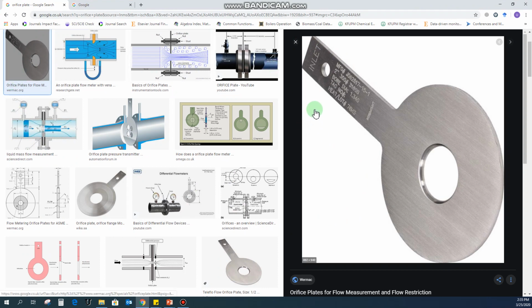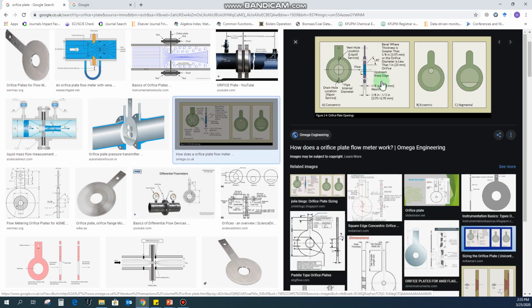This is a typical orifice plate. How can you attach this orifice plate in the pipeline? You can have this kind of arrangement. The orifice comes in different arrangements. Sometimes it has only one hole in the center, sometimes two holes, or you may see some orifice meters that have eccentric holes or segmental holes.